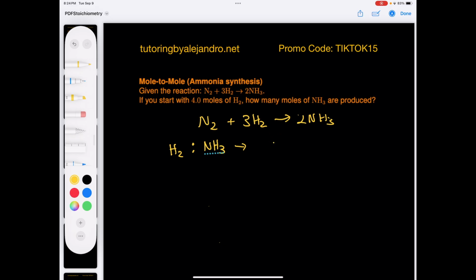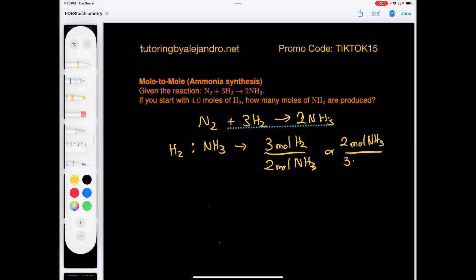Based on the balanced chemical equation, for every 3 moles of hydrogen, we'll get 2 moles of NH3. Or we can write it the other way: for every 2 moles of NH3, we'll get 3 moles of H2.